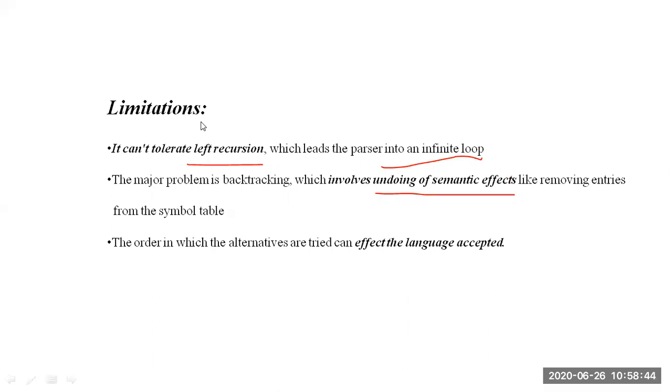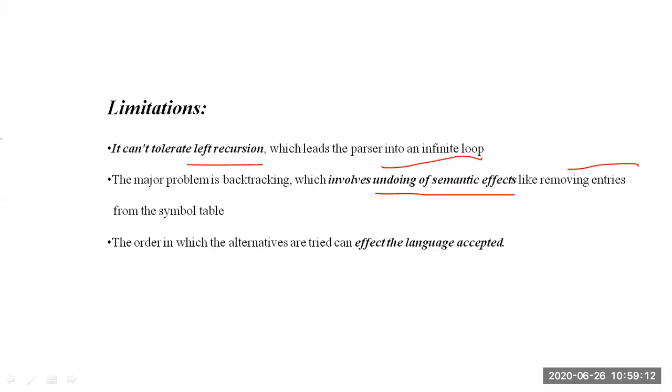Because we are undoing the current steps and going back to the previous step, sometimes you have to go two steps back, three steps back, like that. In that situation, there is a chance that some entries in the symbol table are missed. Whatever entries were entered into the symbol table may be removed.